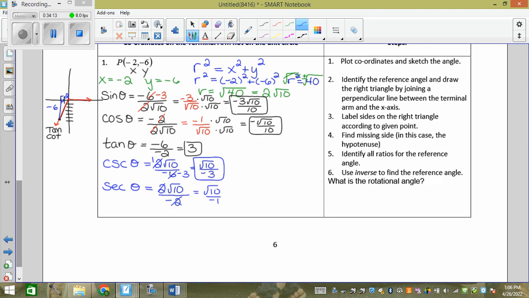Root 10 divided by negative 1 is what? Negative root 10. And then cotan is x over y, so it'll be x over y. So x over y. All right, 1/3.